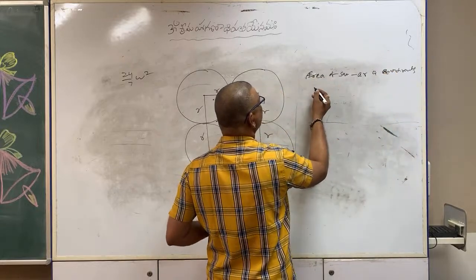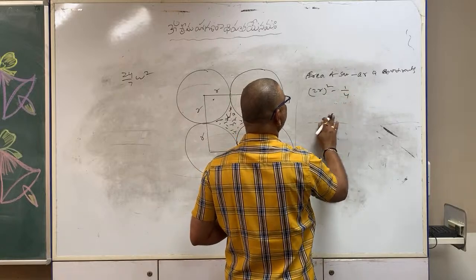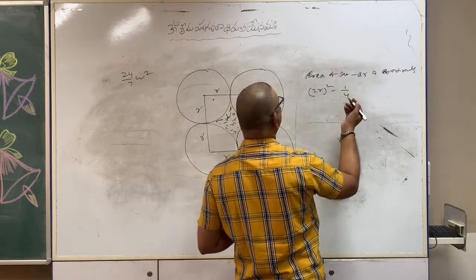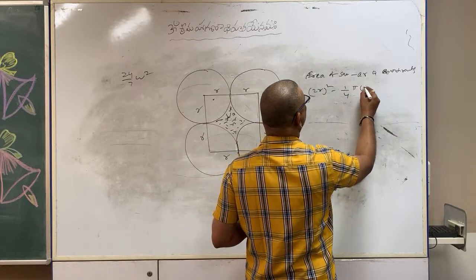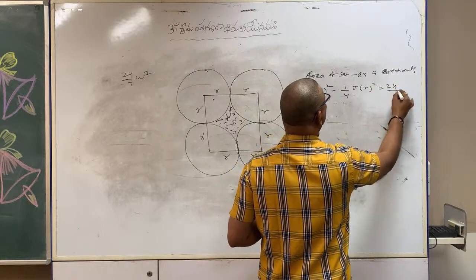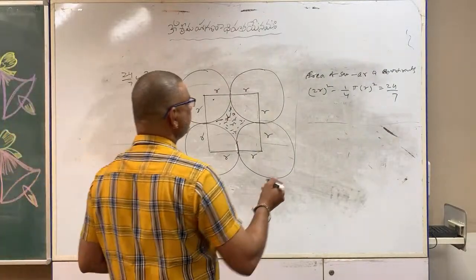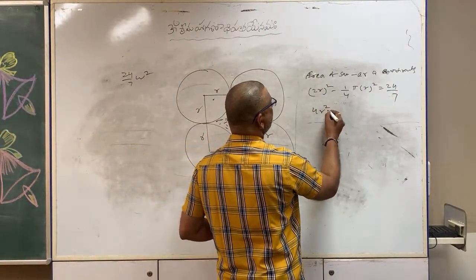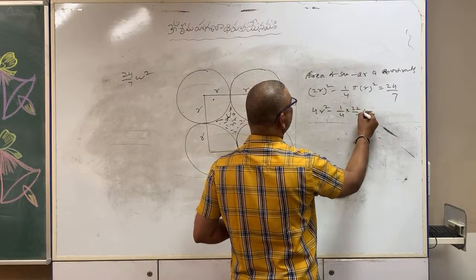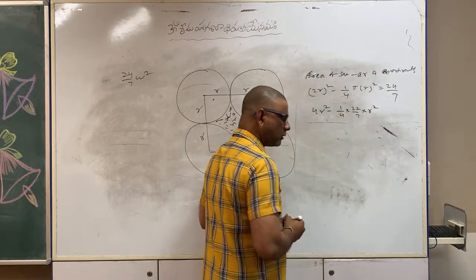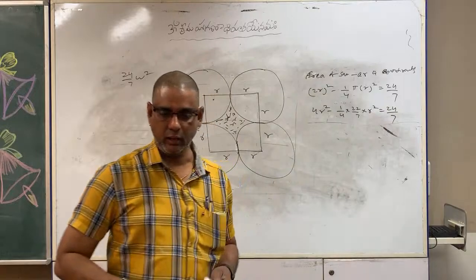Area of 4 quadrants, that is 1/4 of pi r square, where pi is 22 by 7, is equal to 24 by 7. So this is 4r square minus 1/4 into 22 by 7 into r square is equal to 24 by 7.